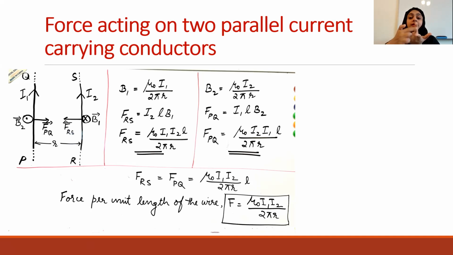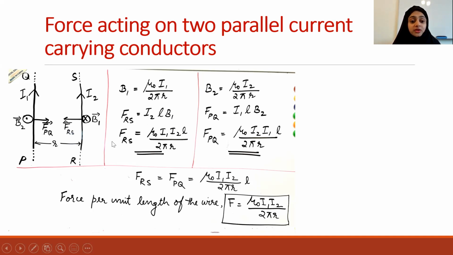This angle is 90 degrees. So when considered, sine 90 will be 1. So I2 L B1. So this is the magnitude of the force. Now for B1, I have substituted mu naught I1 by 2 pi r.